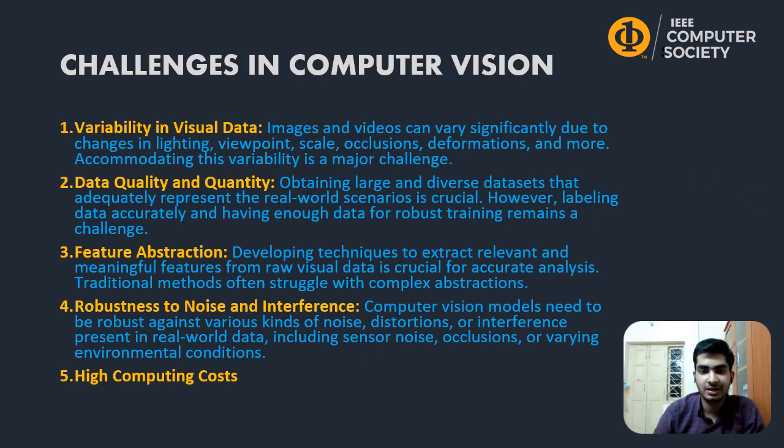Now we will see some challenges in computer vision. Variability in visual data. Images and videos can vary significantly due to changes in lighting, viewpoint, scale, occlusions, deformation, and more. Accommodating this variability is a major challenge. Data quality and quantity.